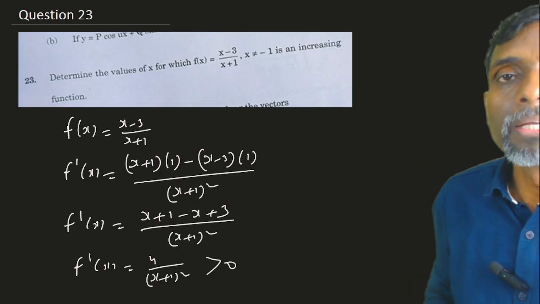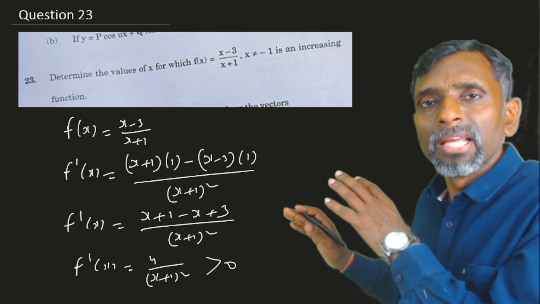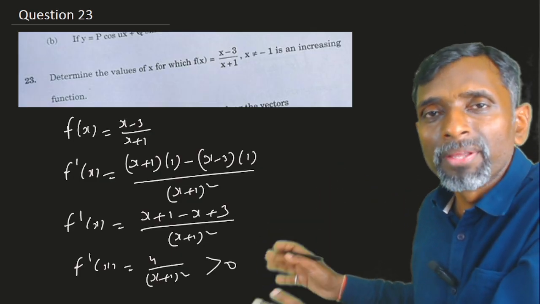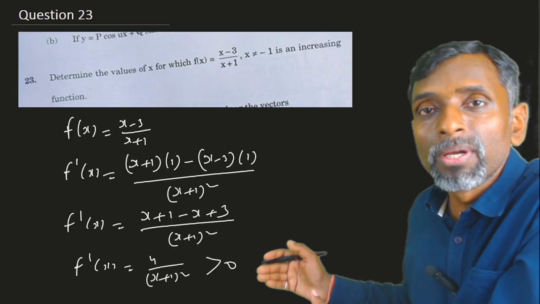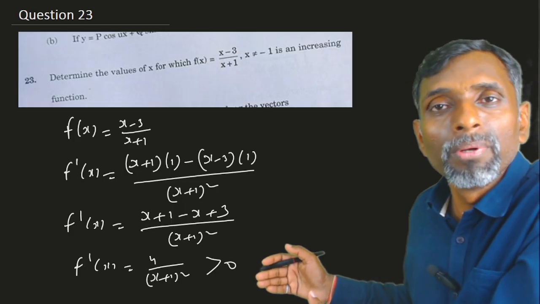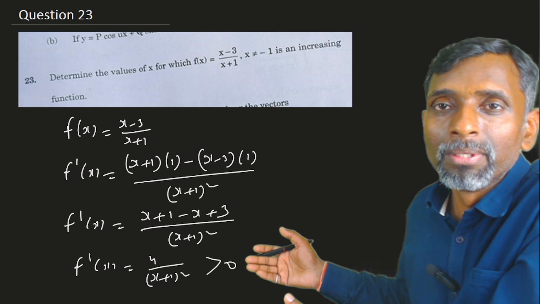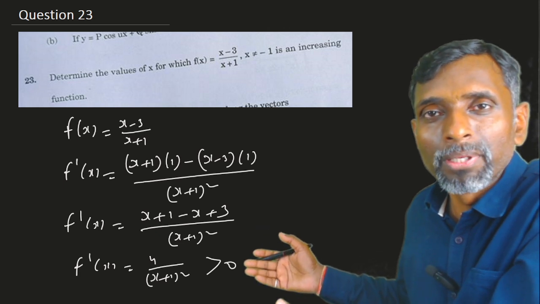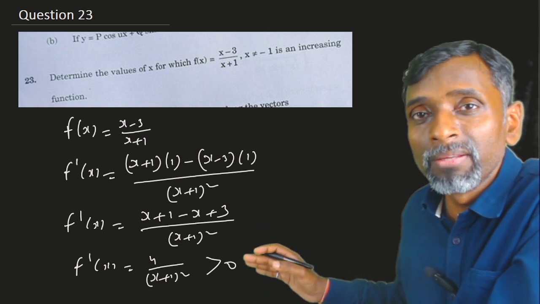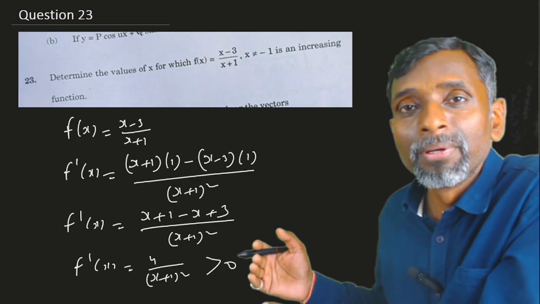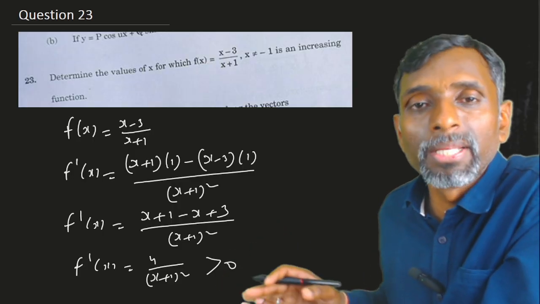Now you can understand this f dash x is always positive because the denominator is a whole square and a whole square cannot be negative, and the numerator is positive 4. So positive by positive is positive. So f dash x is positive for all real numbers except x is equal to minus 1.